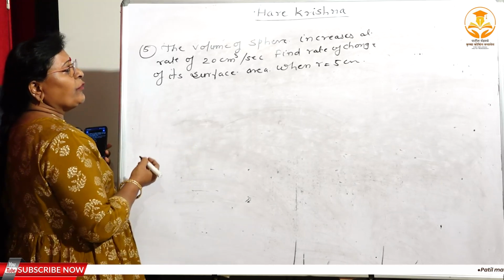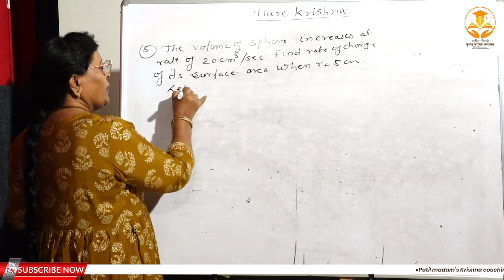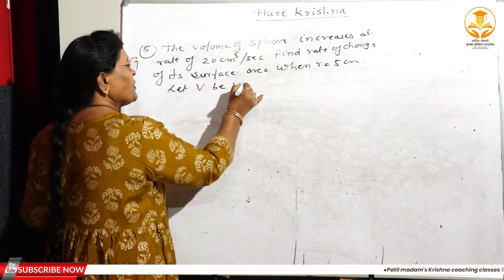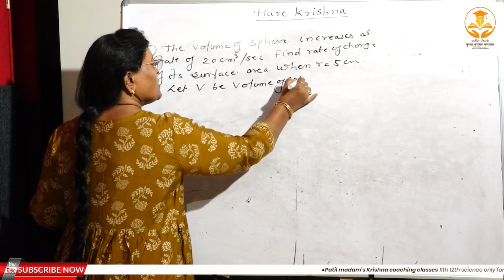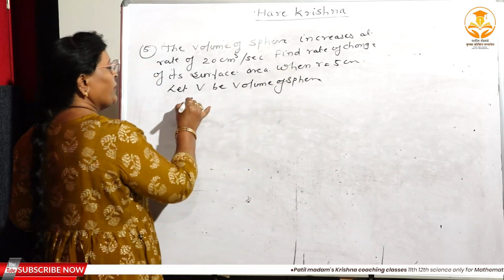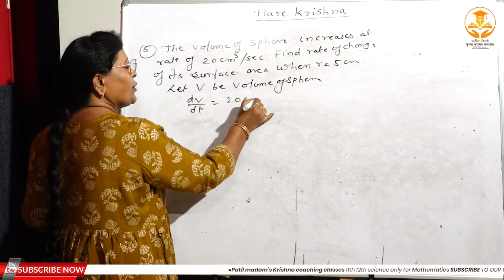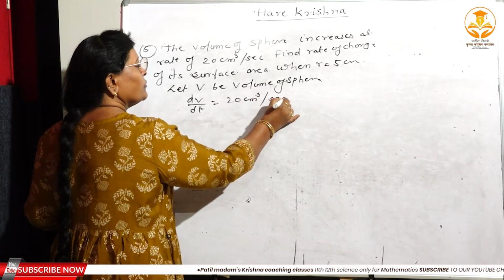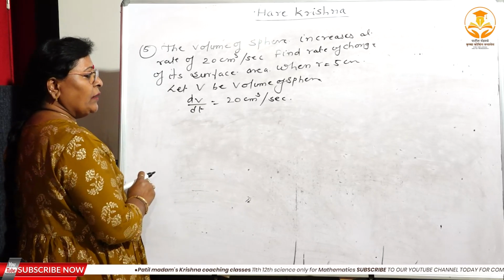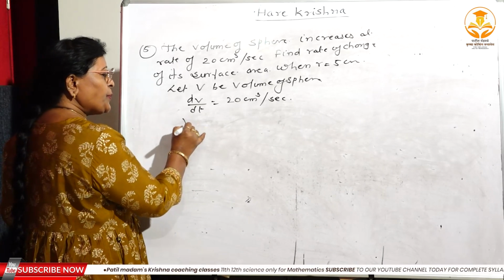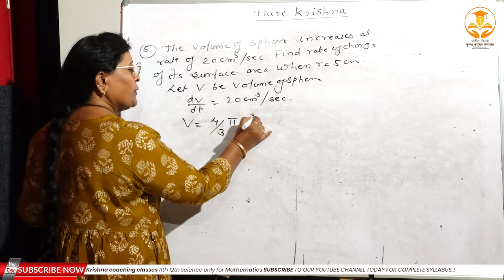Now again they have given that the volume of a sphere increases at the rate of, let V be the volume of a sphere, isn't it? Again they have given dV by dt is equal to 20 centimeter cube per second, right? You have to find out the rate of change of surface area. But here, what is the volume of a sphere? The volume of a sphere is 4 by 3 pi r cube, isn't it?